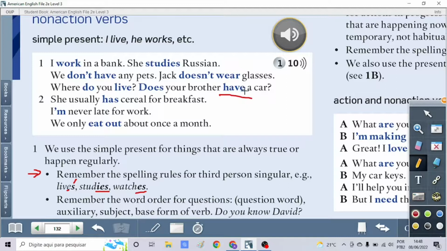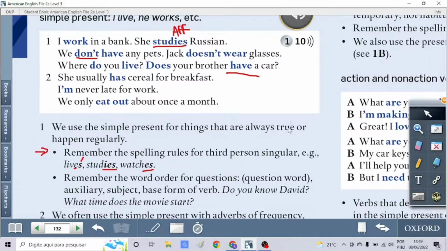No s is used in the verb in this case when we use do or does. Okay? When we have negatives, it's the same. The verb is always in the base form. The only difference is for affirmative sentences. This is when we usually use the s for the verbs in case of third person.